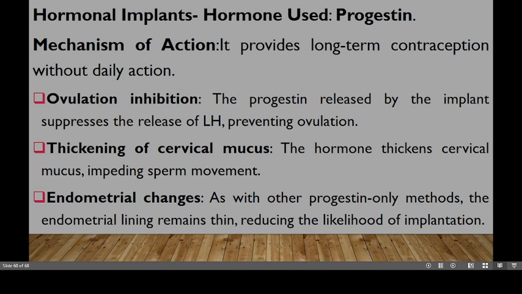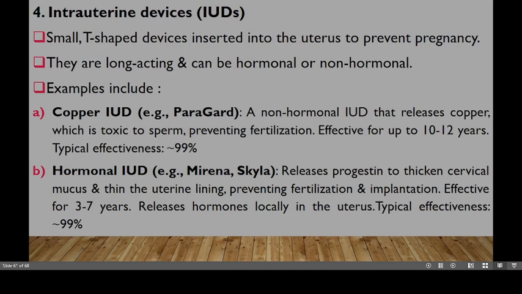As you know, progesterone released by the implant will suppress the release of LH, and this is going to prevent ovulation. They also thicken cervical mucus. The hormone will thicken cervical mucus, impeding sperm movement and penetration. As with other progesterone-only methods, the endometrial lining also remains thin, reducing the likelihood of implantation.